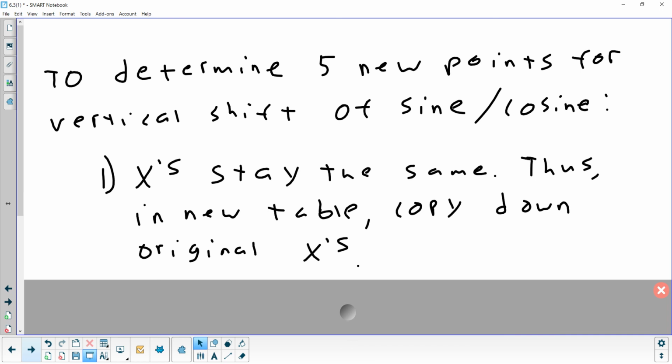So for every vertical shift problem we do today, in class and in the homework, here's the answer for the x column: 0, pi over 2, pi, 3 pi over 2, 2 pi. The x's will stay the same. Not for a phase shift, for a vertical shift.